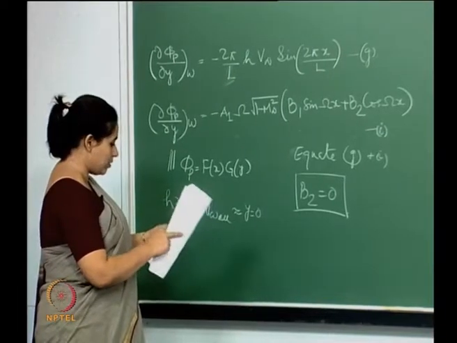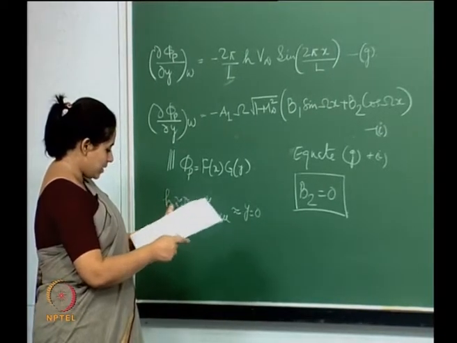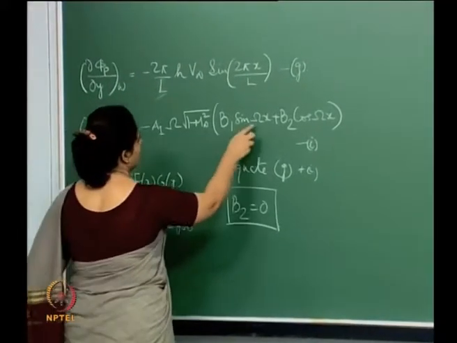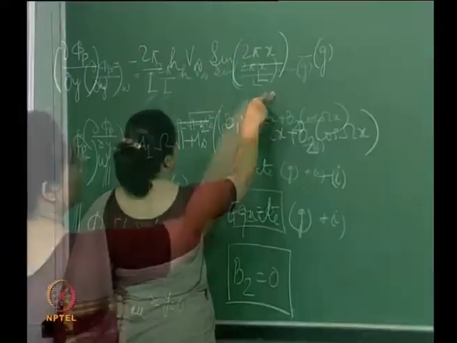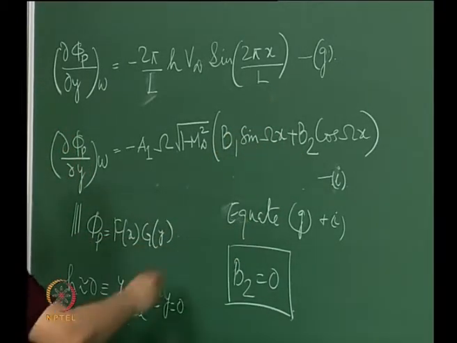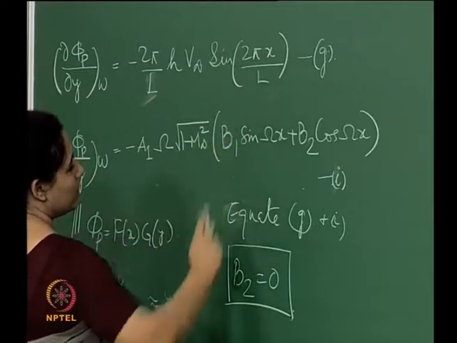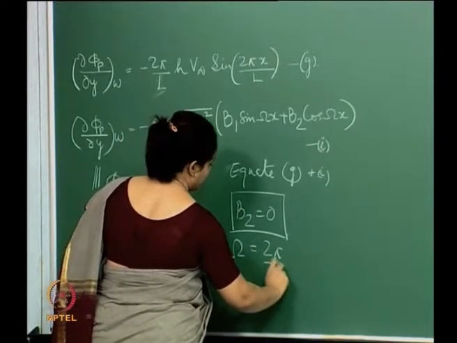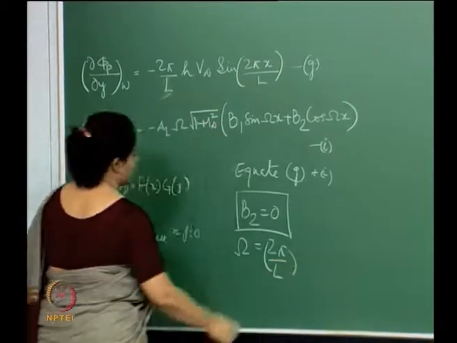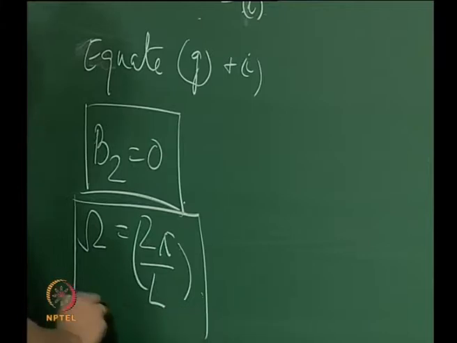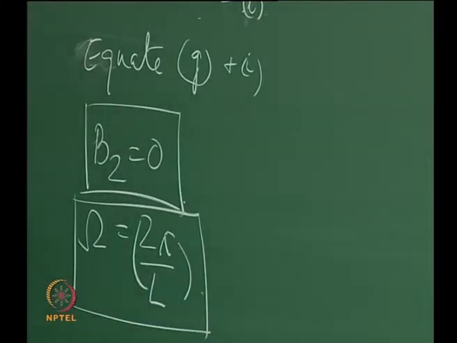Also, because there is no cos term on this side, b2 needs to go to 0, and this omega term also needs to be 2 pi by L. So there we go. These are the two relationships, right.